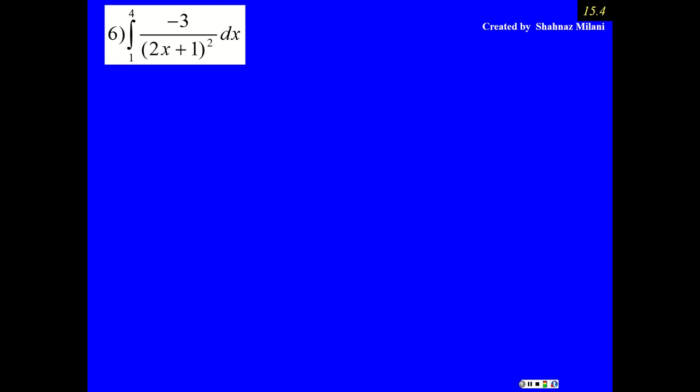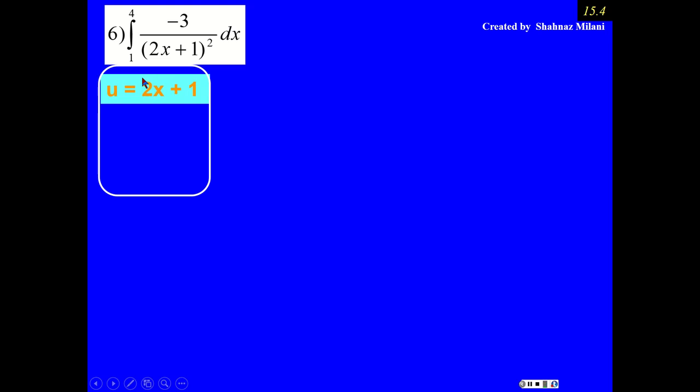Now, the first way, by looking at this problem, I have to go by the substitution. I have a quotient rule and at the same time a chain rule. Then the inside of my chain rule becomes my u substitution. And then I have to find the derivative.